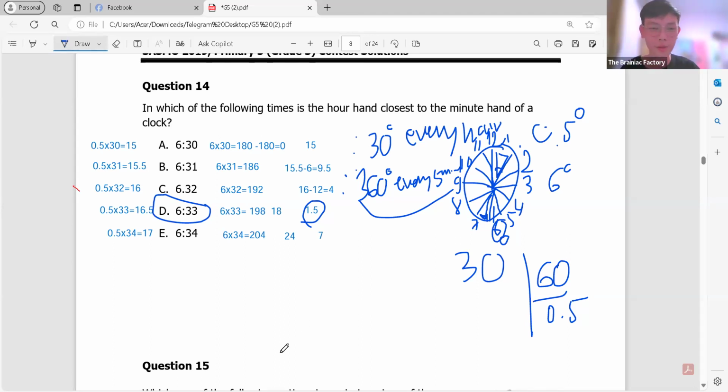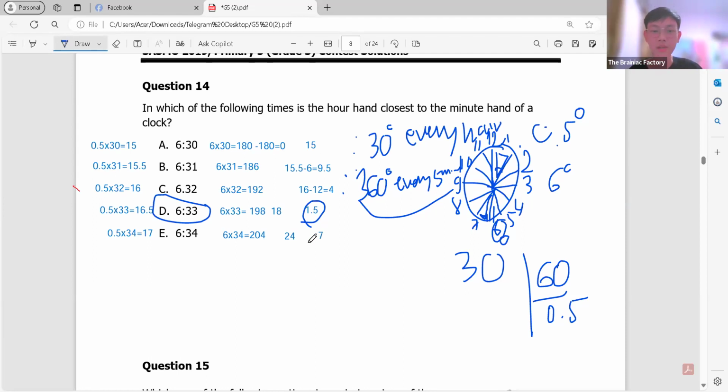Okay, so let me start from the beginning. We're finding the closest time that the hour hand and the minute hand are at the closest distance, right?